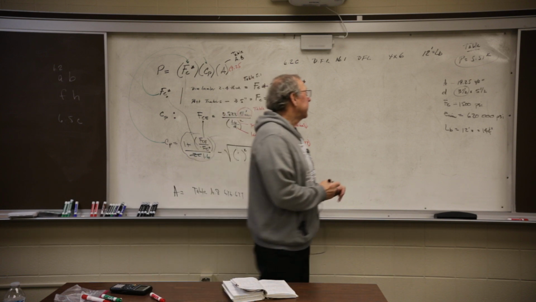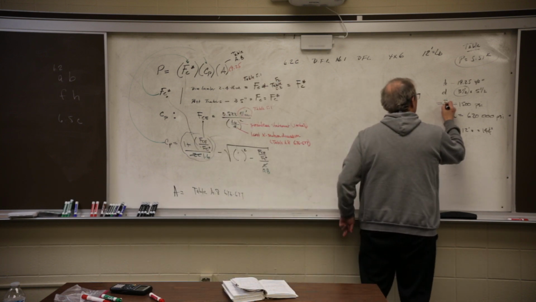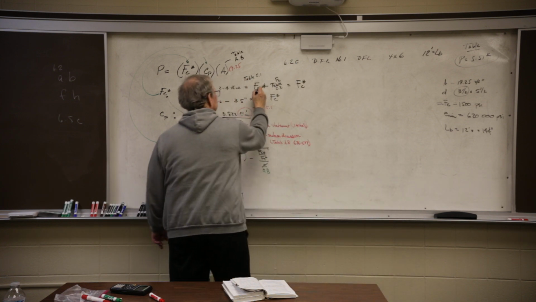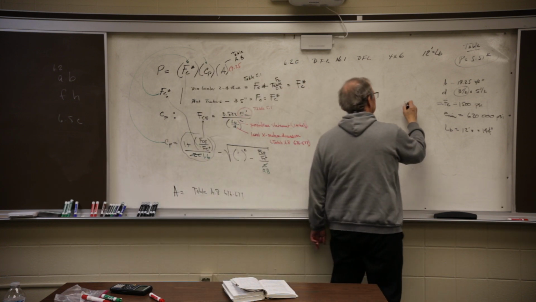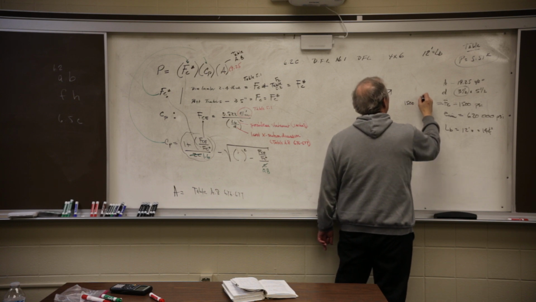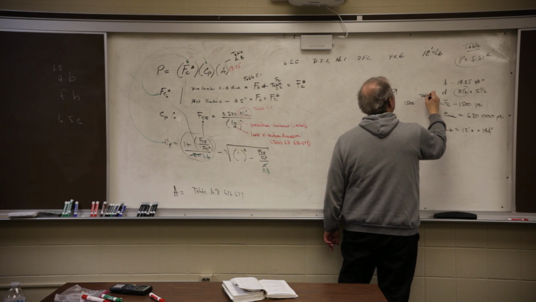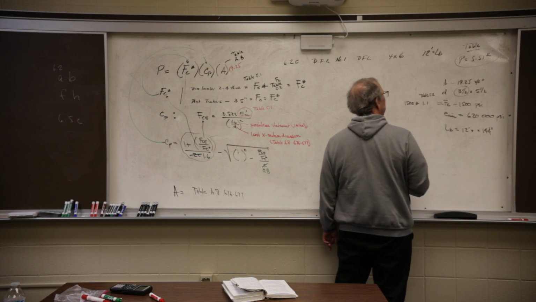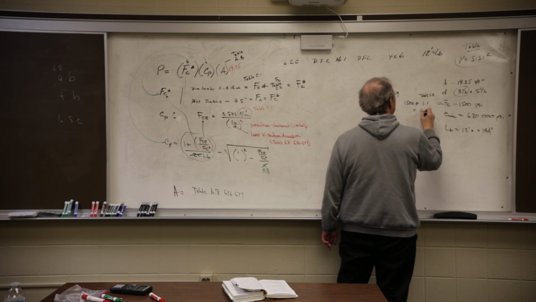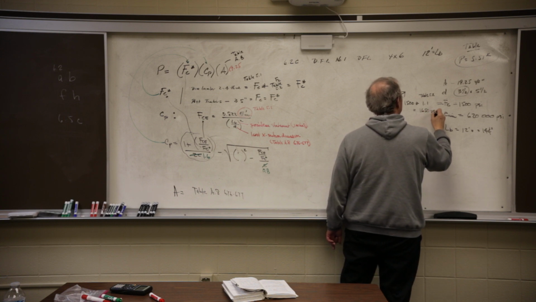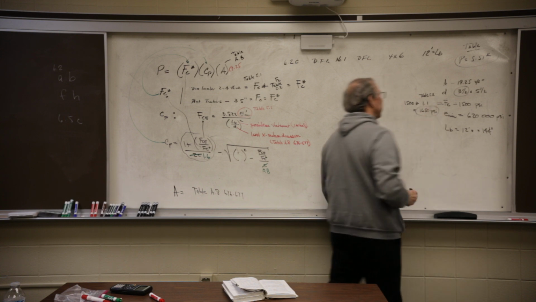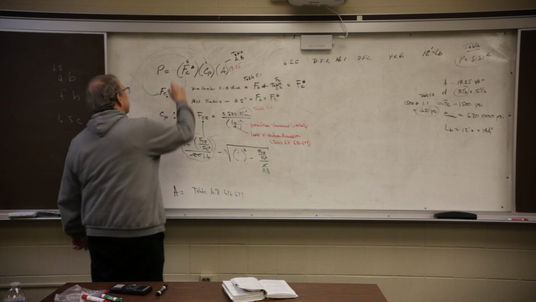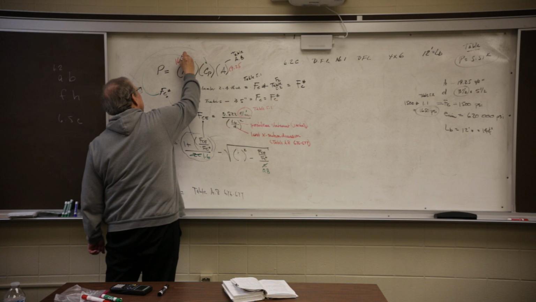So, this guy, there's the FC, 1500, table 5.2 is 1.1. I multiply the two together. There's my FC star. So I can put that up here. 1650.